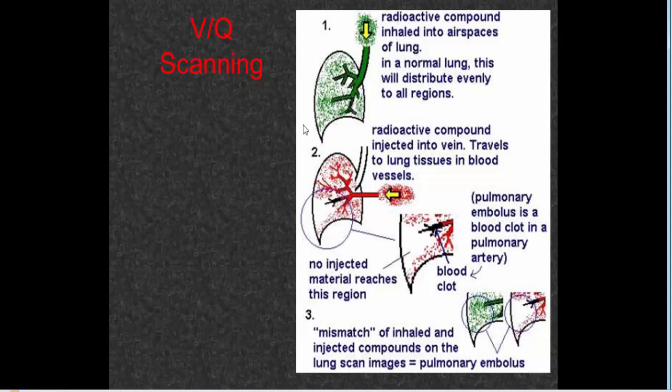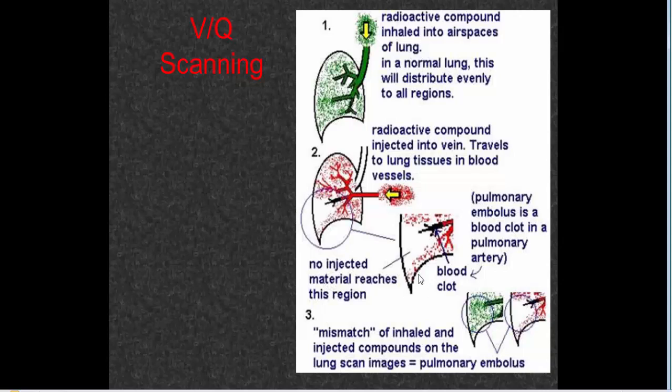In the inhaled way, the compound passes through the trachea and main airways, which are patent in pulmonary embolism, so the radioactive material goes through all lung parts. With the intravenous material, areas are deprived of blood supply as a result of pulmonary embolism, a blood clot in the pulmonary artery.